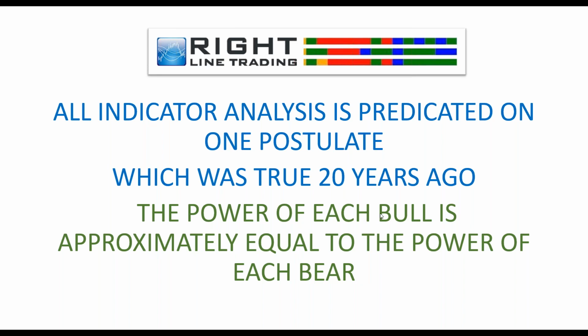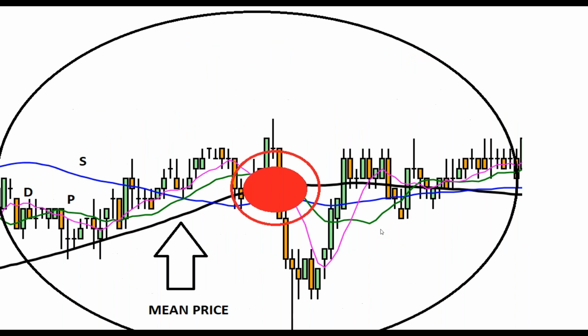And if we want to trade when the power of each bull is equal to the power of each bear, which we can, we're going to be trading when the market's like this, when there's no fundamental interjection of price. Now, this is not necessarily chop.